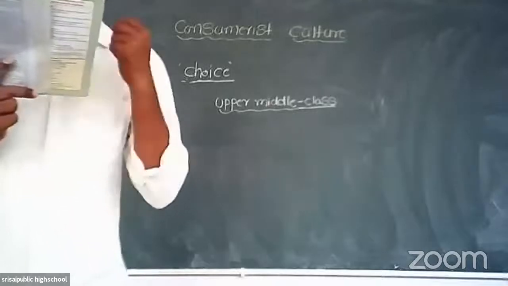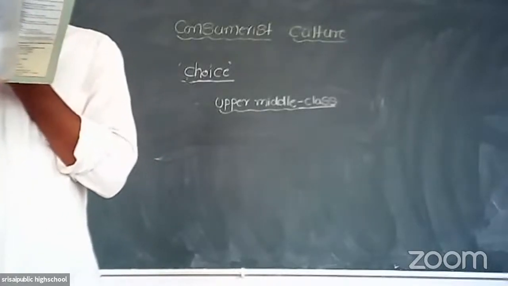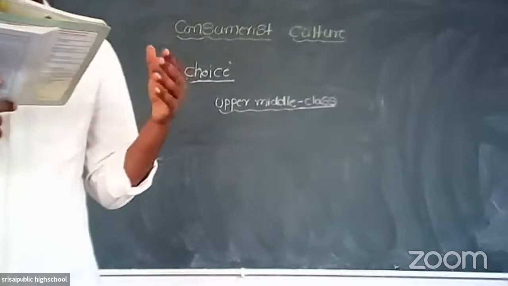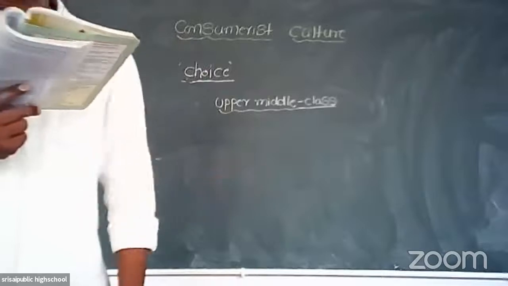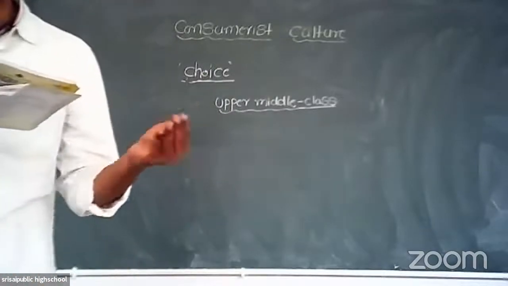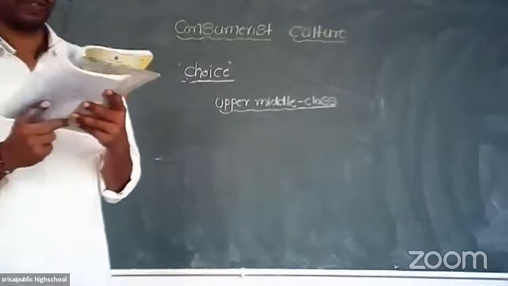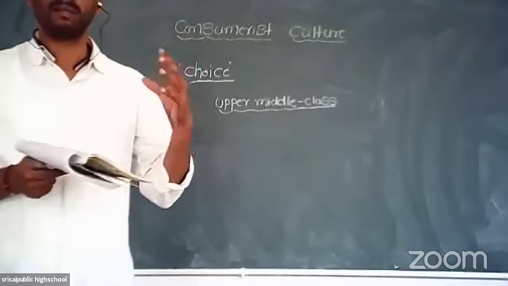So he says that what? Now, through the consumption lifestyle of the West, they are just following it, means they are consuming the lifestyle of the Western people. Just slowly they are following the lifestyles of the West. So this is what he says. What happens in the upper middle class families?